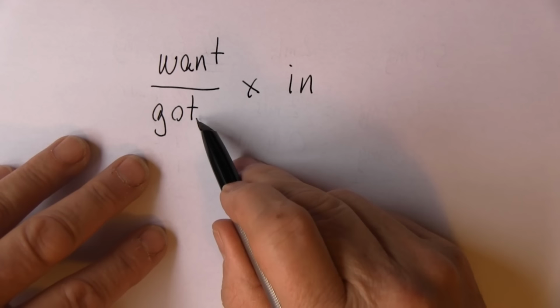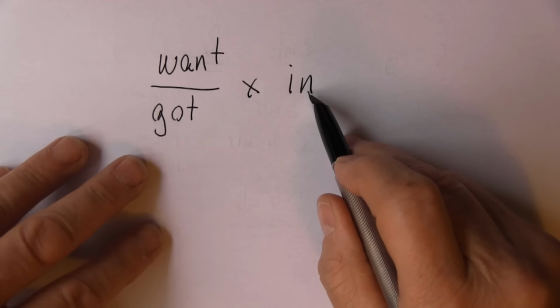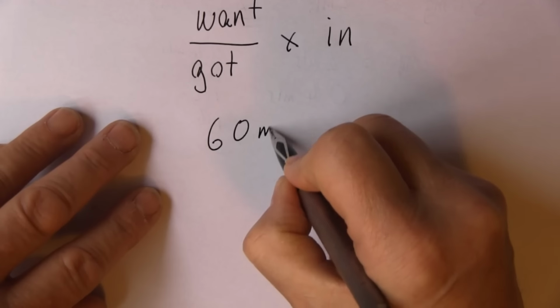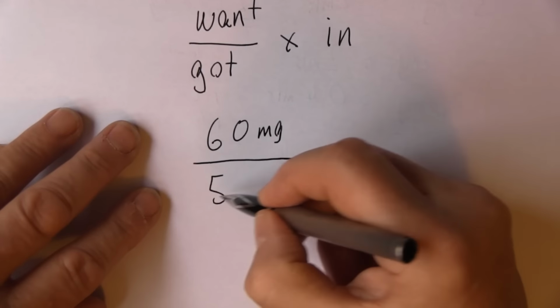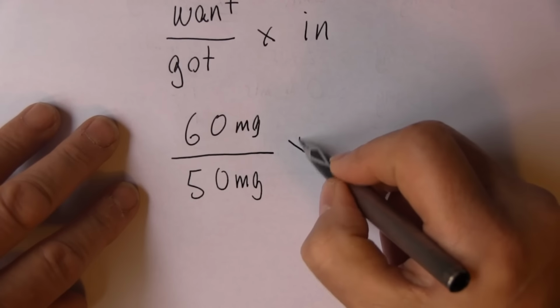Got is the dose of drug that you have been provided with by the manufacturer. And in is the concentration. So in this case we want 60 milligrams, didn't we? But what we've got is 50 milligrams. And that all came in 2 mils.